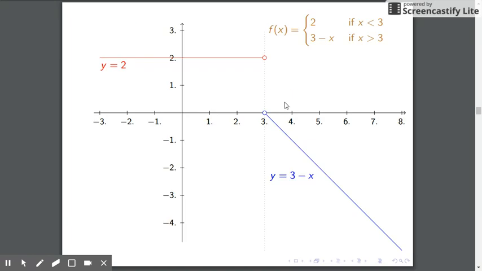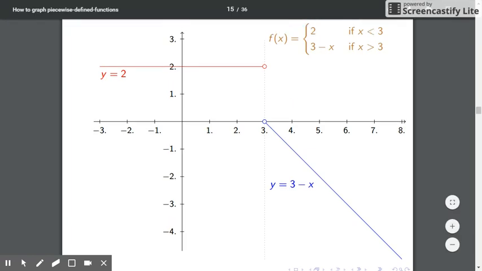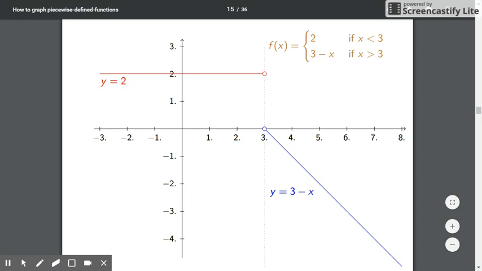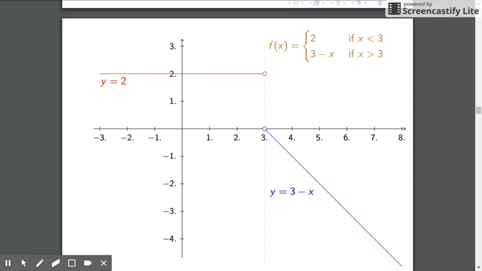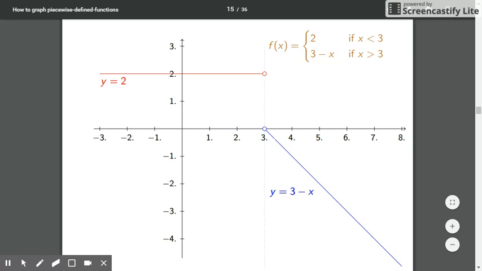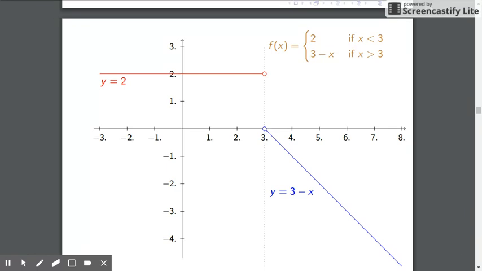Since I don't have any equal sign in either of the domains for x equal to 3, it means that both paths don't have a y value for x equal to 3. Therefore, there are empty circles where the paths are predicting x equal to 3 to be.